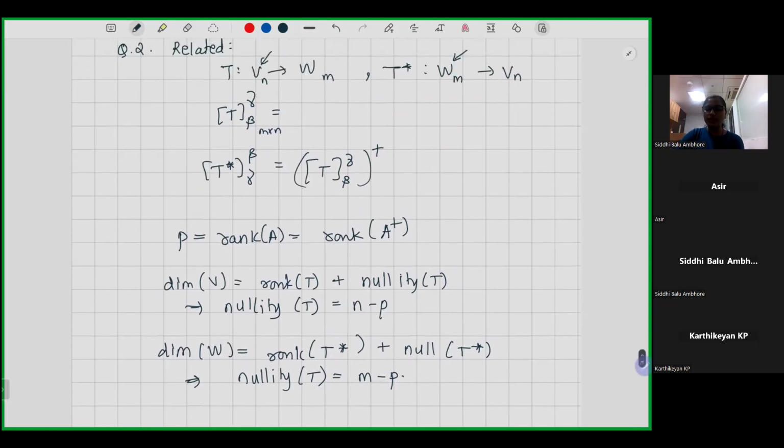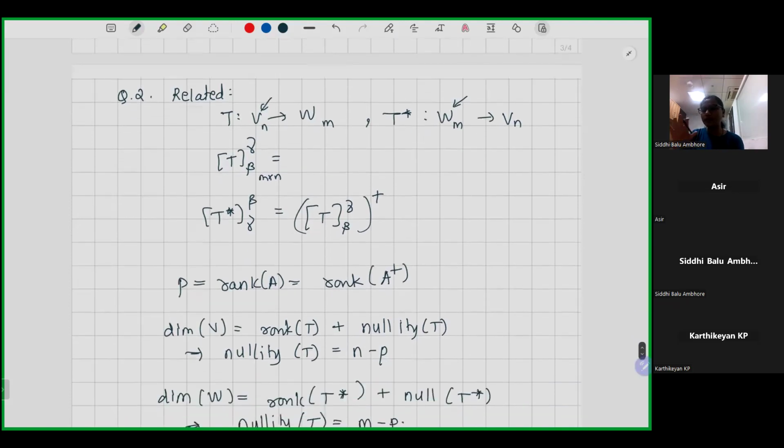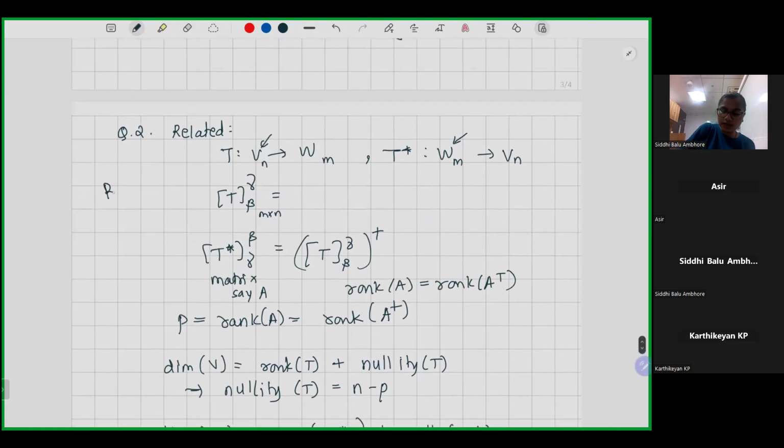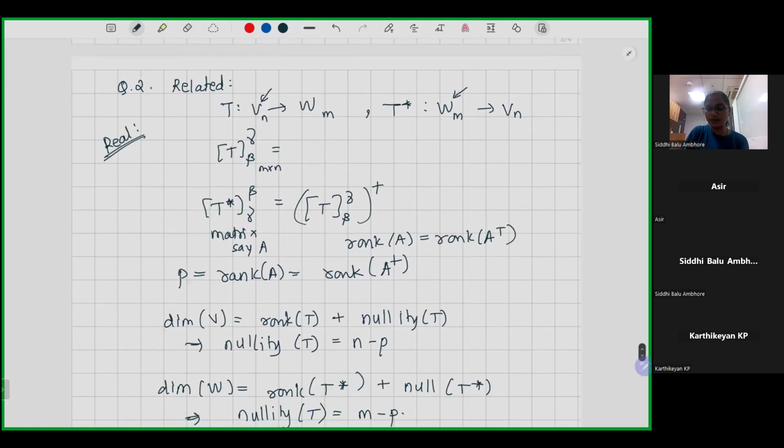I mean, we are talking about everything in finite dimensional vector spaces. So this is some matrix, say A. Then rank of A is rank of A transpose. This is true. And if we are in real vector spaces, then the conjugate will be the same thing.